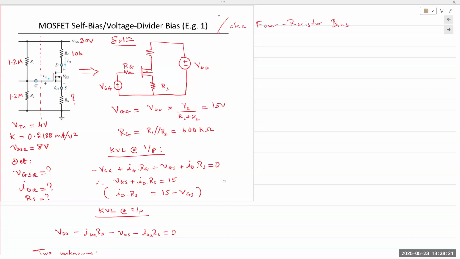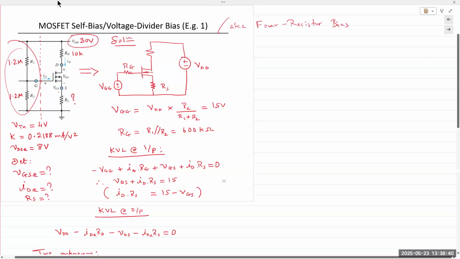So we have R1 and R2, 2 resistors on the input side. On the output side, we have a drain resistor and a source resistor. All of them are connected to a 30-volt VDD supply.